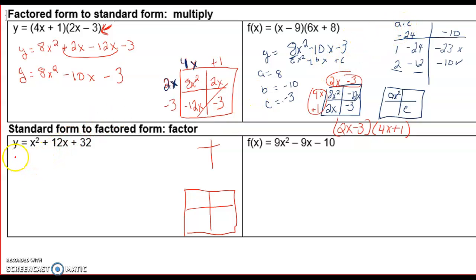Let's check and see what our A is. What's A, guys? Come on, what's A? There's an understood number right here. Yep, A is 1.